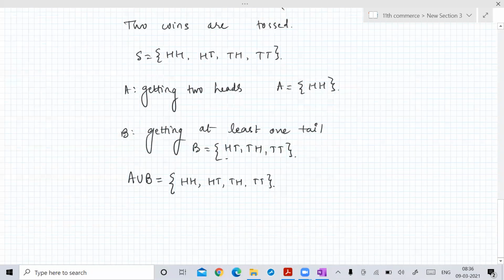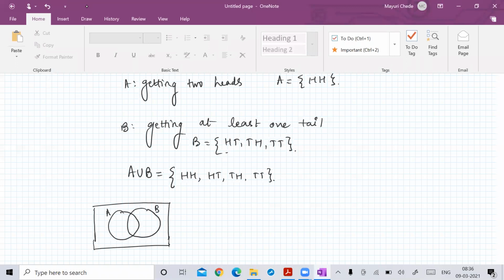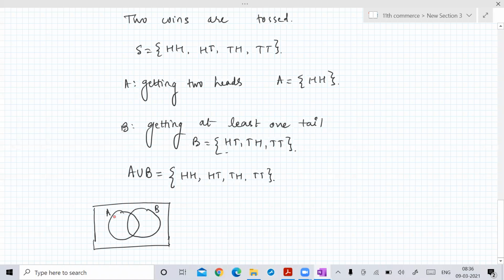How do we represent A union B with a Venn diagram? If this is the Venn diagram, which is the region which represents A union B? This is set A, this is set B. A union B means what?